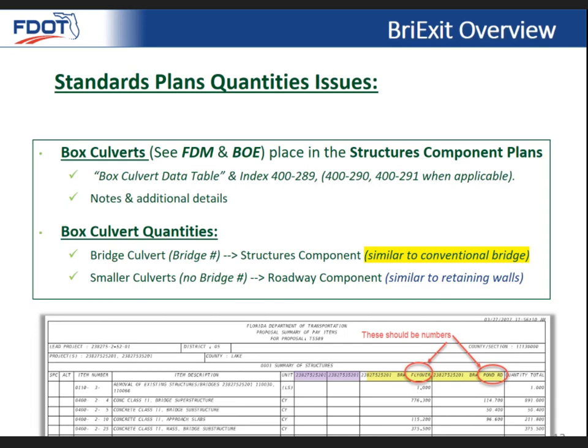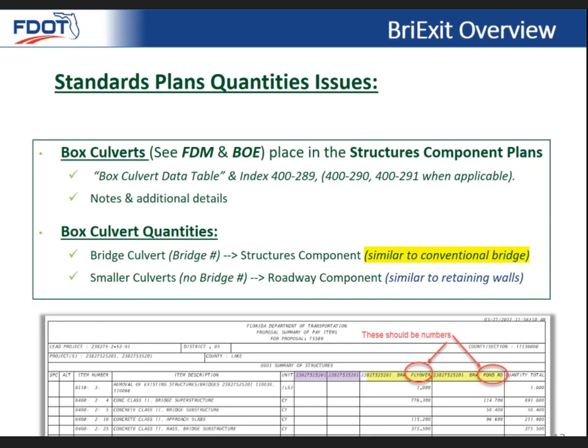So the standard plans for the box culverts still have to be included in a structures component, but since there is sometimes no bridge number associated with the box culvert, within the summary of pay items, it will be listed under a roadway item for quantities, and therefore the summary of quantities in the plans must be in the associated roadway component set of plans.